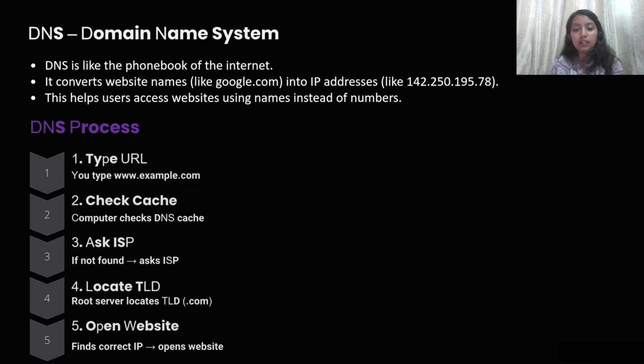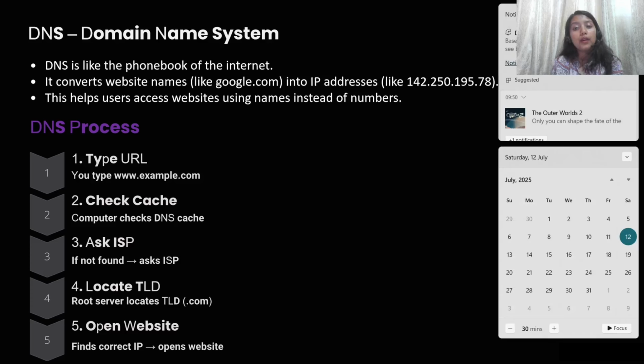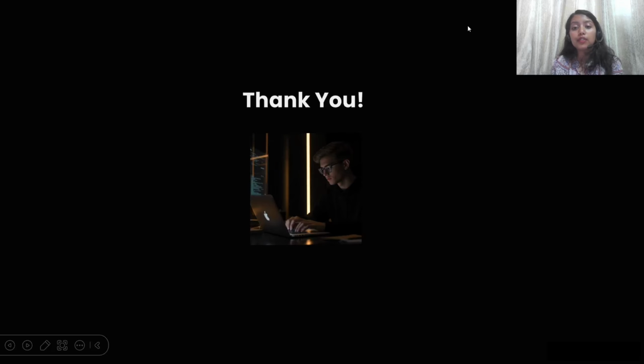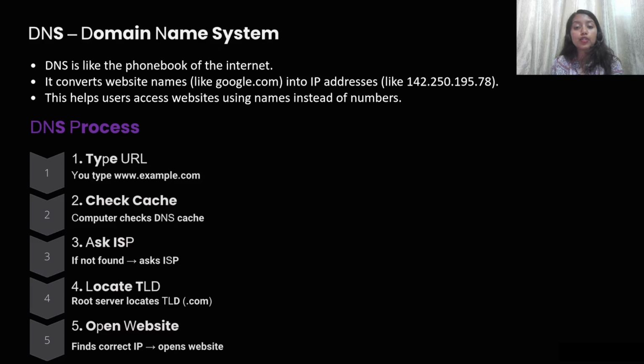So let's quickly revise what we have learned. Till now, we have learned what cybersecurity means, its importance, and its benefits in the real world. You saw examples from hospitals, banking, and social media.